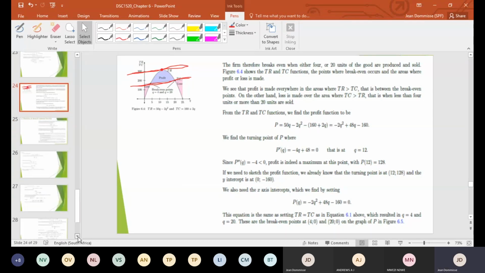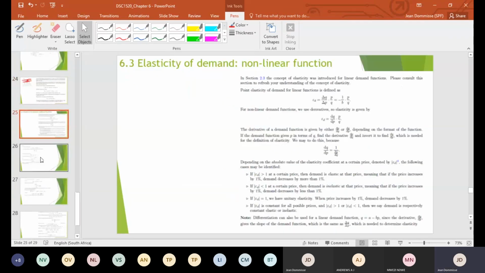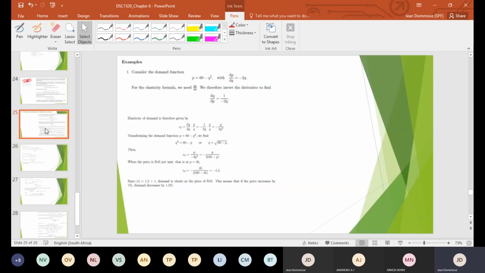So the last thing that I want to look at is, because I know there was some questions of this in the assignment as well, and there was questions about how do we work it out.